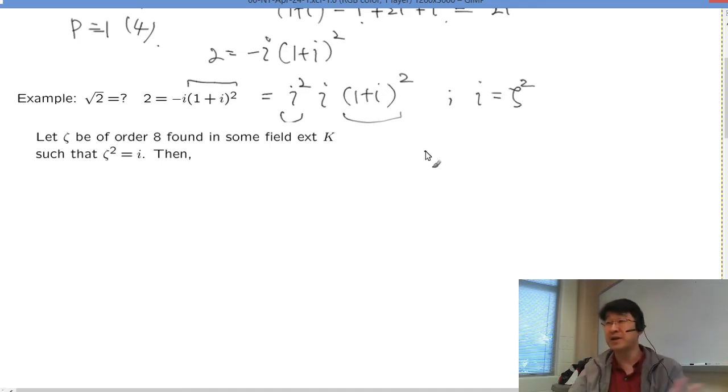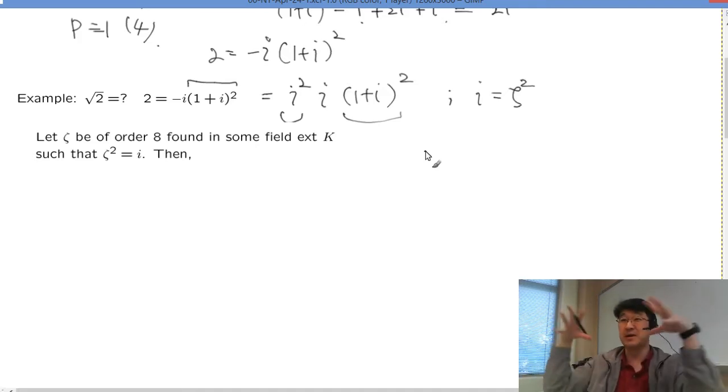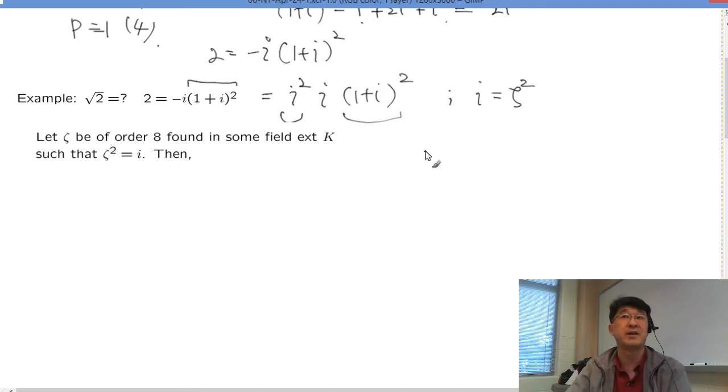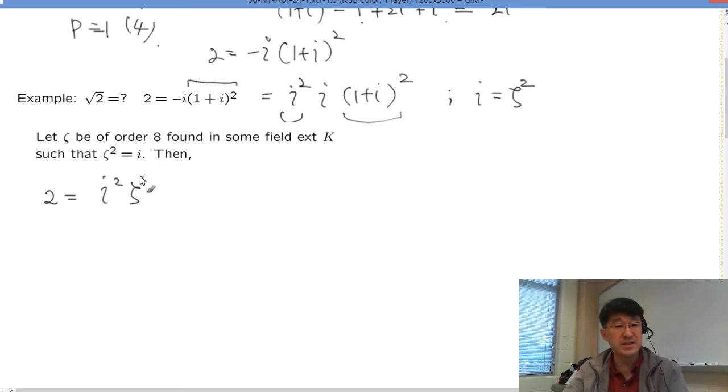This is all happening in complex numbers actually, but we do everything that is happening in complex numbers algebraically within a finite field. This is the 8th root of unity on the unit circle in complex numbers, for example. All right, then what happens is that 2 is there. Now i squared is zeta squared, and it's 1 plus i squared, right?